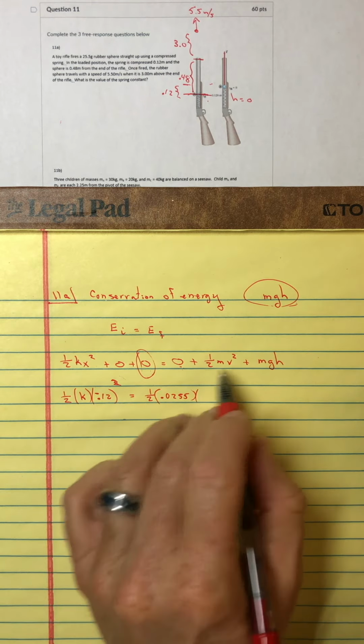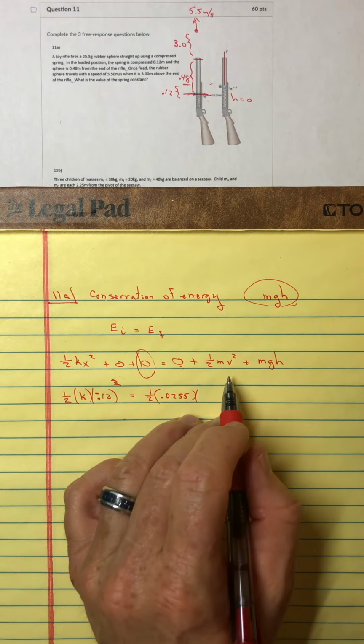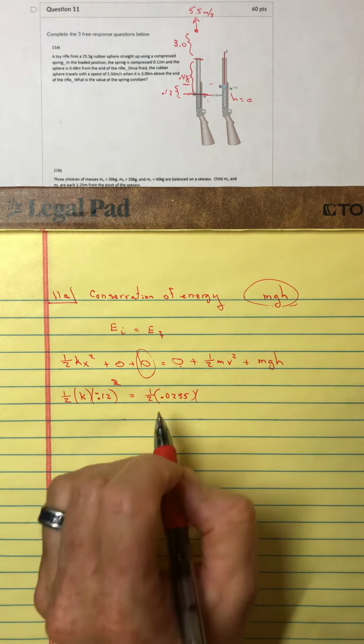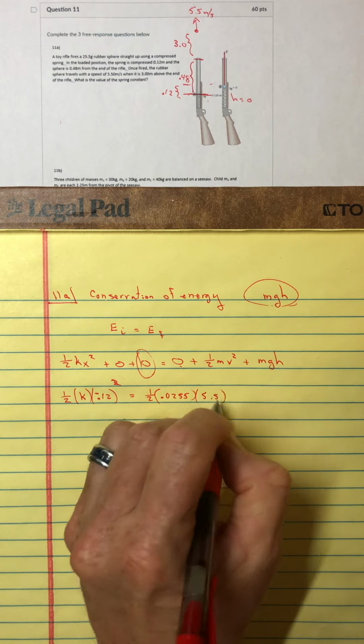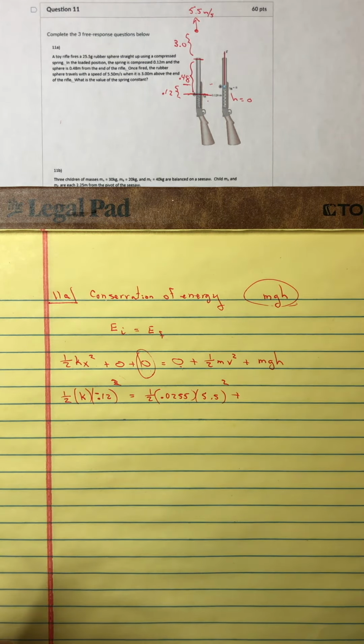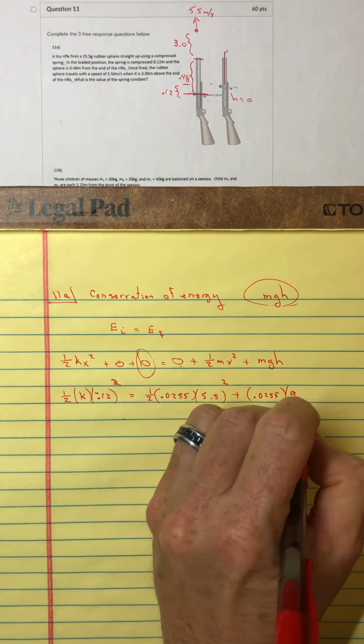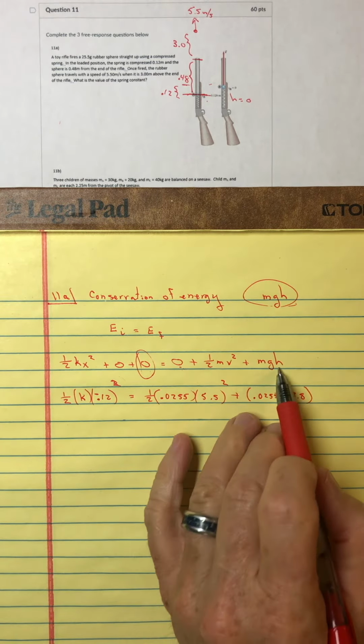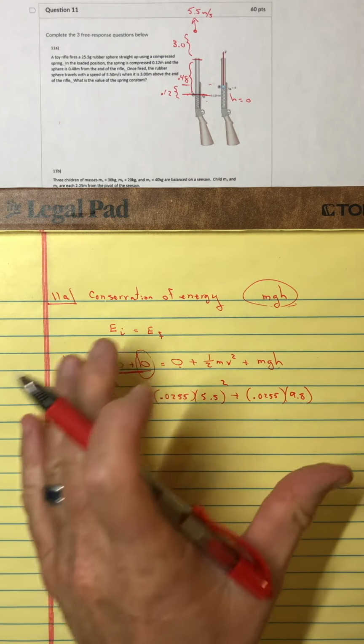but you do have a mass, and they told us the mass at 25.5 grams, moving at some speed, which they gave us as 5.5 meters per second. And then we also have some kind of height to it. And of course, that height ties back to what we said earlier.